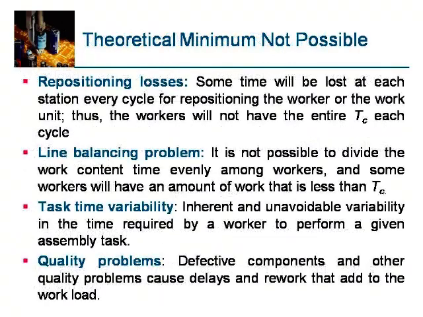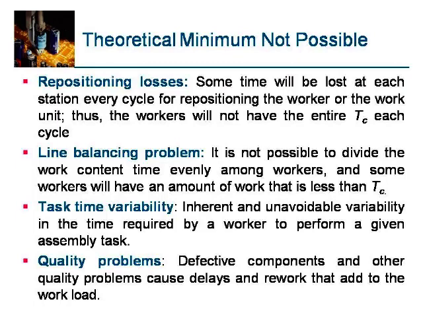The theoretical minimum is not possible. Repositioning losses: some time will be lost at each workstation in every cycle for repositioning of the worker or the work unit. Thus the worker will not have the entire TC each time. This leads to line balancing.